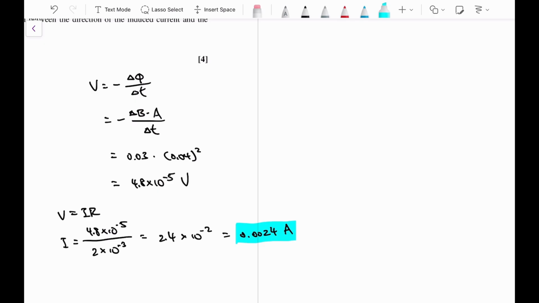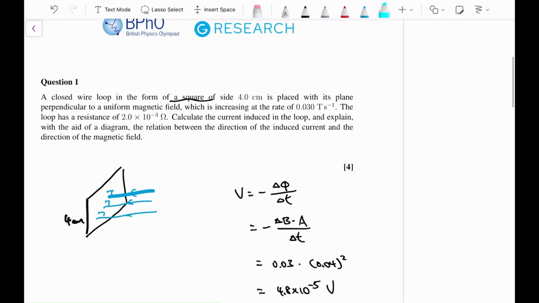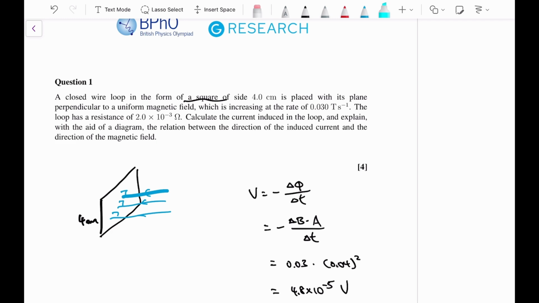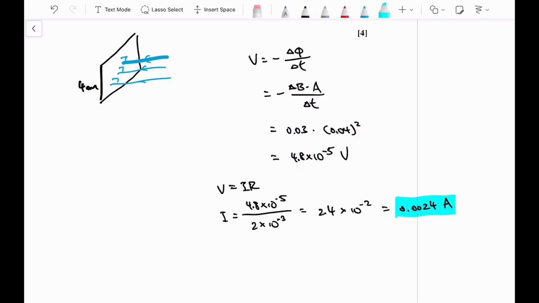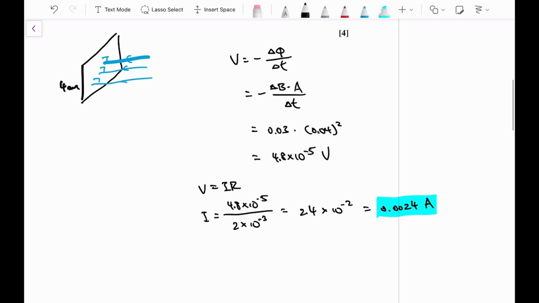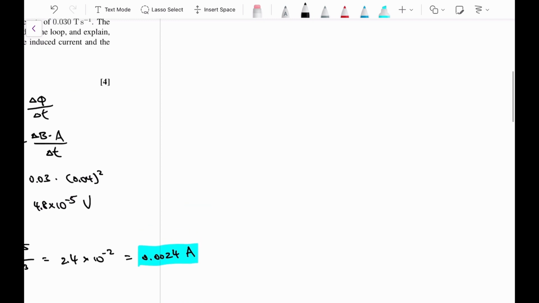Okay, so the other question that is asked is the relation between the direction of the induced current and the direction of the magnetic field. Okay, so first of all, in order to do this, what we have to use is Fleming's left-hand rule, but in this case it's a loop, and it's the induction of current, so we can use the reverse of the right-hand rule. So it says with the aid of a diagram, so I'm going to draw a diagram over here.